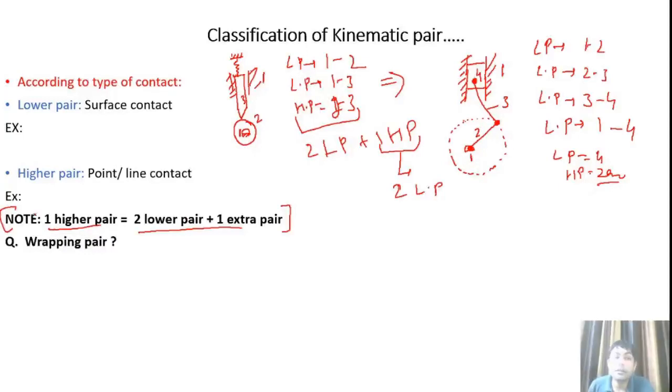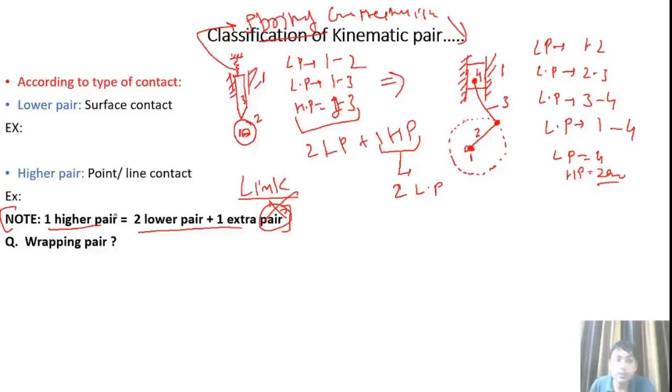Or we can say that if we want to replace the spring cam mechanism by lower pairs, then we need to take 2 extra lower pairs plus 1 extra pair, sorry, 1 extra link. This is not a pair, this is 1 extra link.